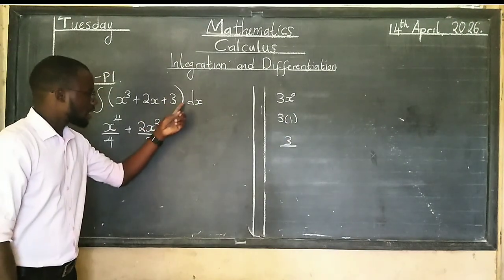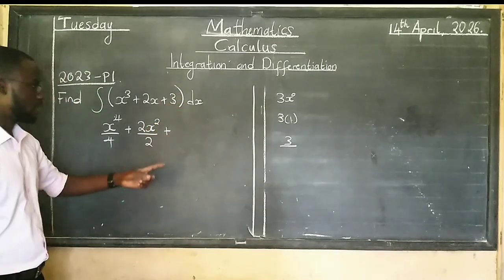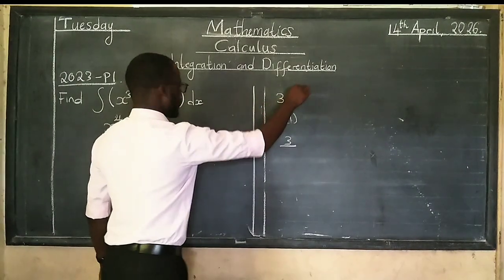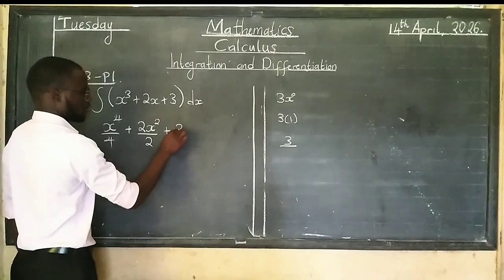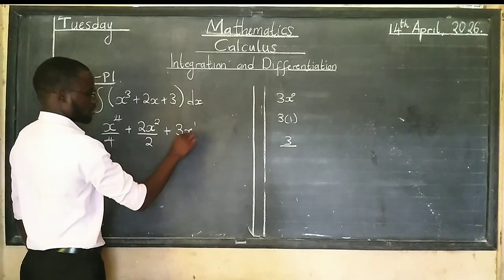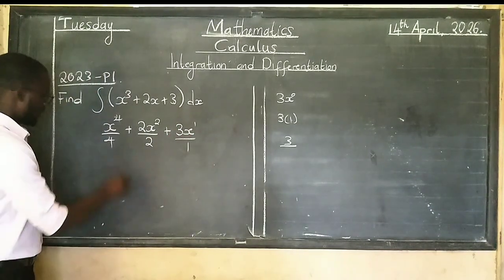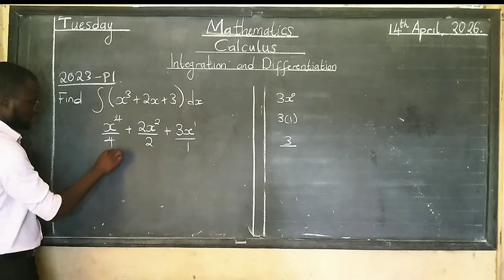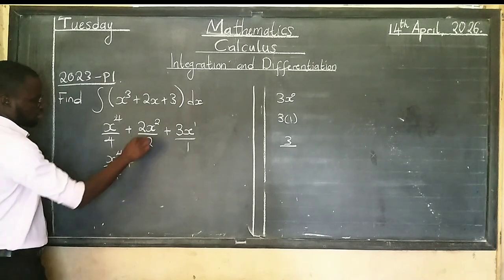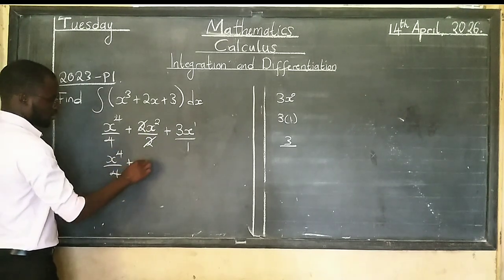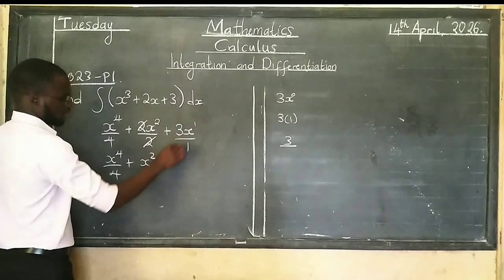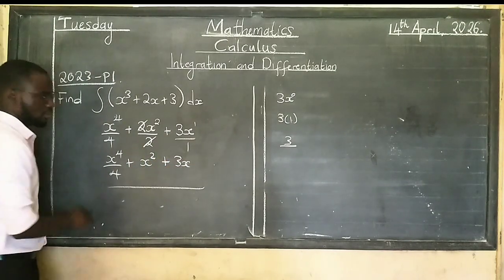So there is an x there to the power 0. Now, that power 0, if we add 1, it's going to give us 3x power 1 divided by 1, like that. Then here, you can't change anything. Here, this with this, x squared, and this, done.